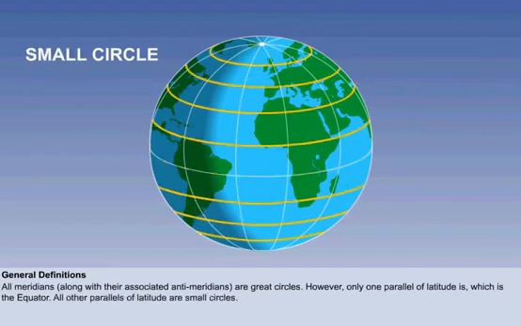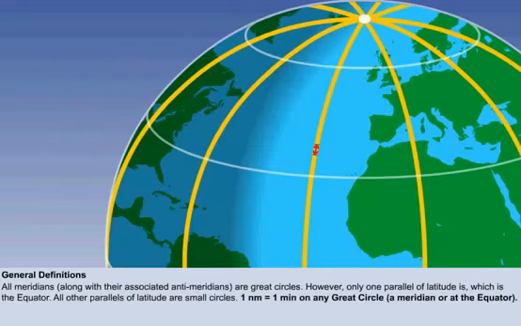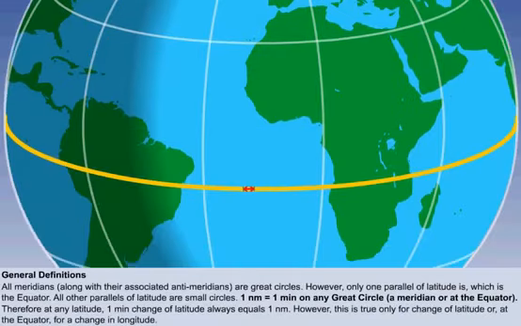All other parallels of latitude are small circles. 1 nautical mile equals 1 minute on any great circle, for instance, on a meridian or at the equator. Therefore, at any latitude, 1 minute of change of latitude always equals 1 nautical mile. However, this is true only for change of latitude, or at the equator for a change in longitude.